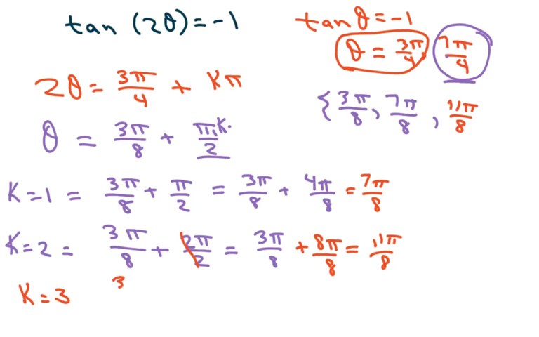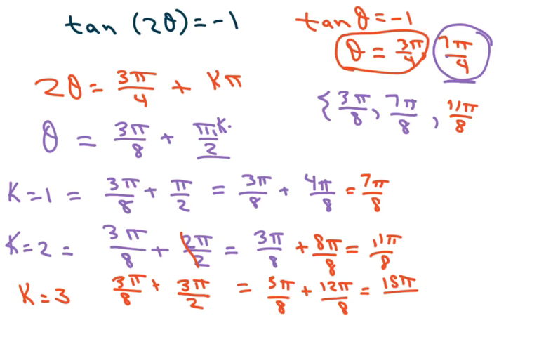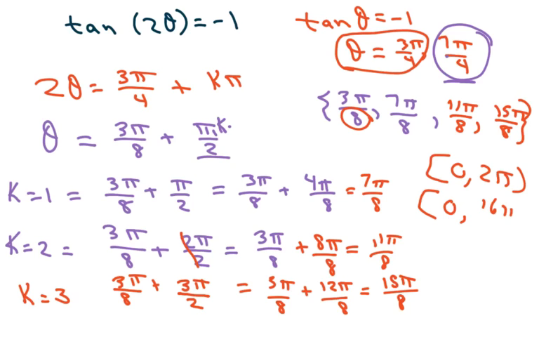And that's going to give us 3 pi over 8 plus 3 pi over 2, which equals 3 pi over 8 plus 12 pi over 8. Okay, so there's going to be 15 pi over 8. So we have 4 solutions here. And we know we can't continue further because it has to be from 0 to 2 pi, and everything's in 8, so that would end it.